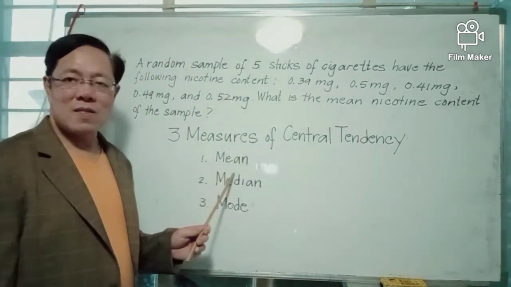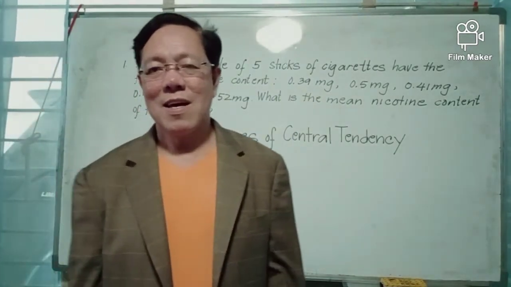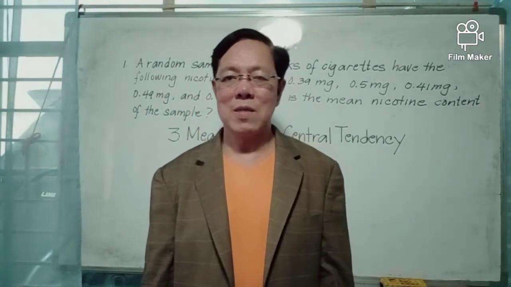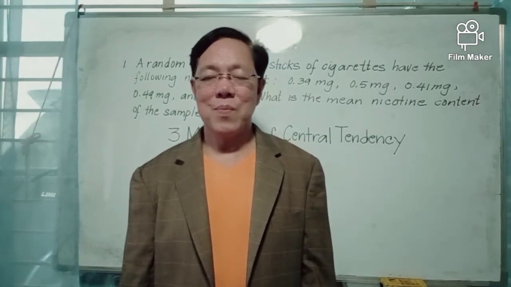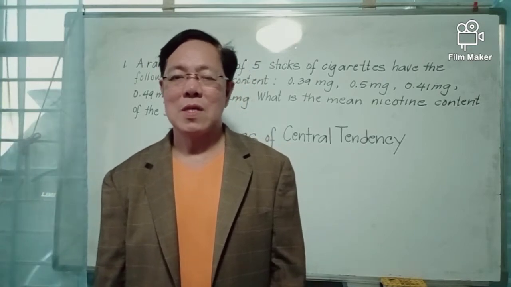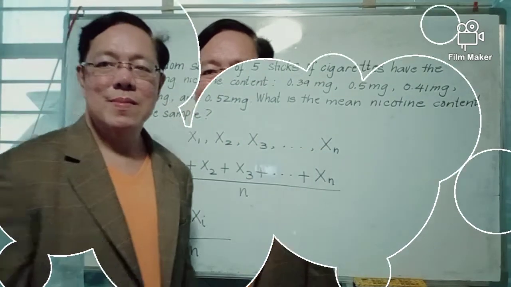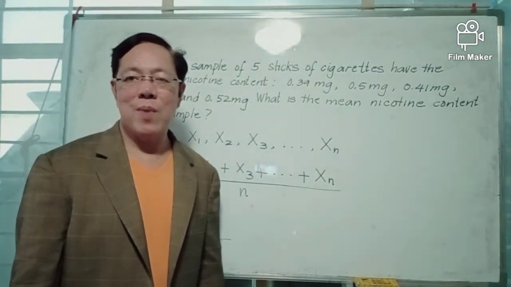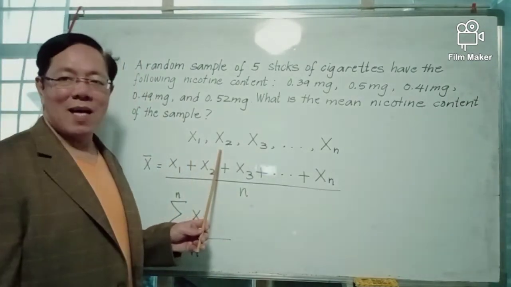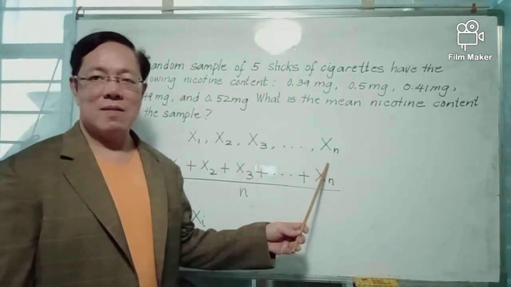The mean is the first of the three measures of central tendency, and the mean is also known as average or arithmetic mean. The mean is defined as the sum of the values divided by the number of values. Suppose we are given n values denoted by x of 1, x of 2, x of 3, up to x of n.